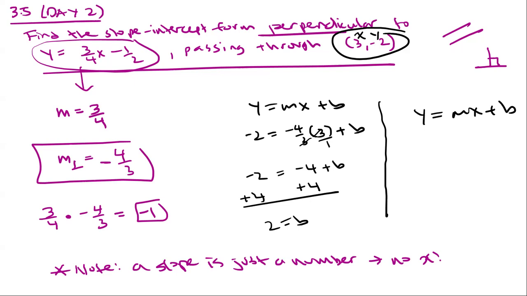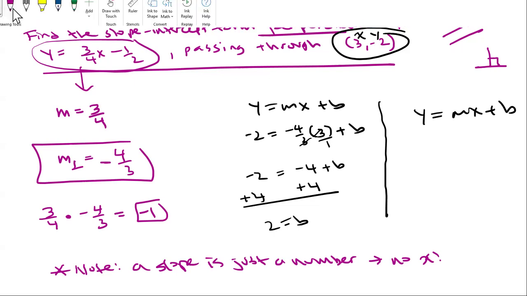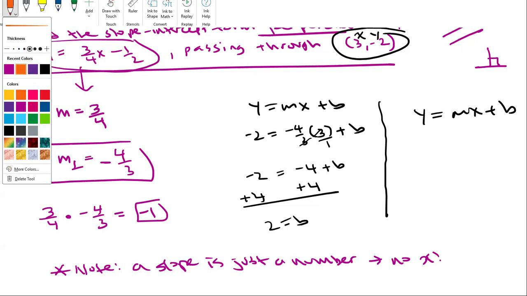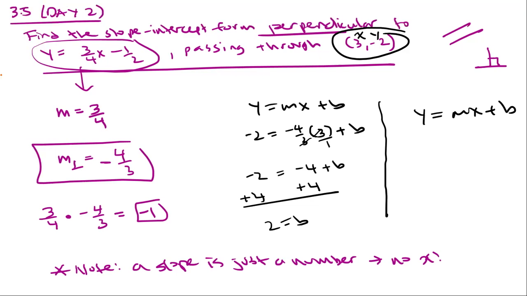Okay, so when we do this, we want to identify two items. One is the slope, which we talked about, and the other one is the b, or the y-intercept. Okay, and we got those. Here's our slope, here's our y-intercept, or our b.